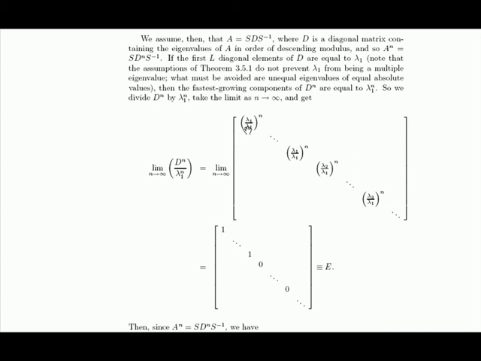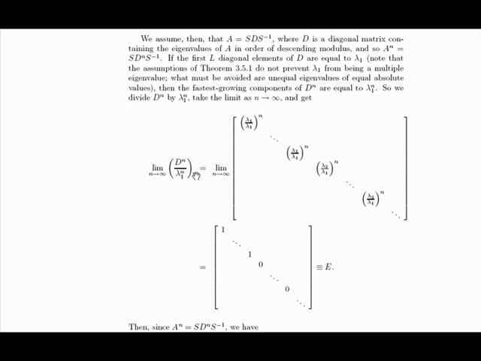It doesn't hurt if the largest eigenvalue is multiple, but you don't want more than one different eigenvalue of the same absolute value. For example, if the largest eigenvalues are two complex conjugates, then lambda 2 over lambda 1 will not go to 0 or 1. It'll be oscillating.